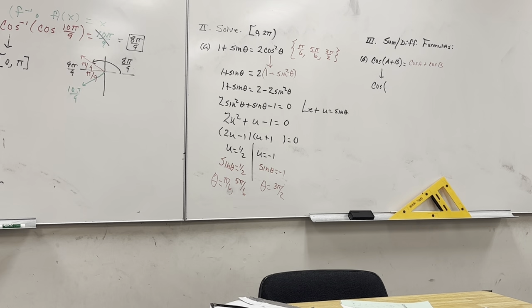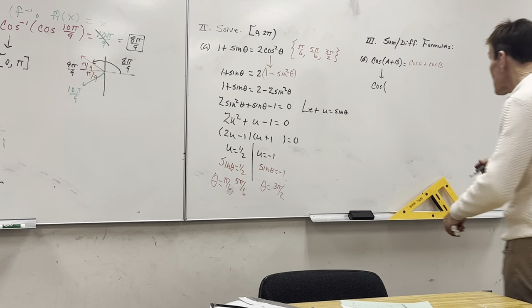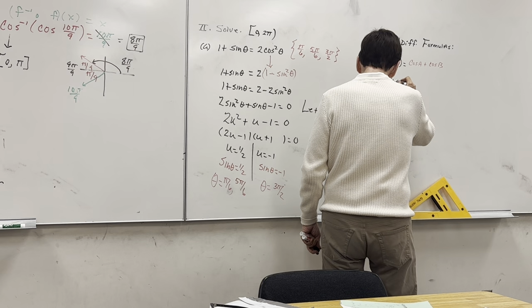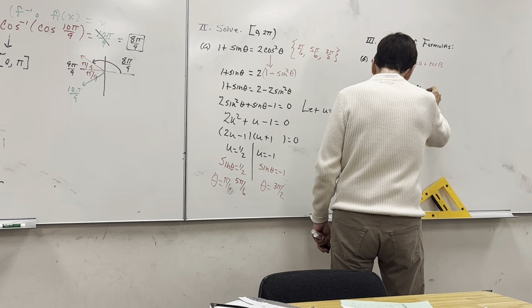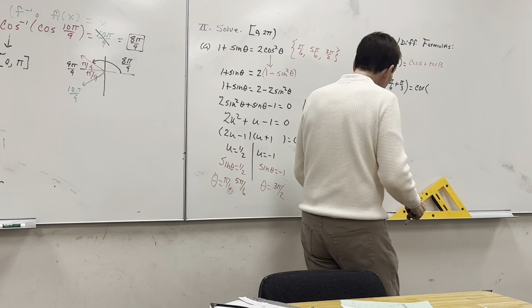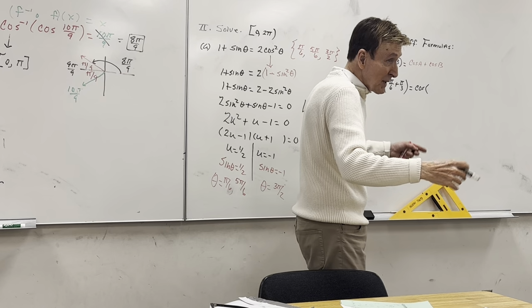Why not? Let's take pi over 6, 30 degrees, and add to it pi over 3, which is 60 degrees. Let's consider those two for A and B. In other words, pi over 6, 30 degrees, plus pi over 3, 60 degrees. And I know, and you know, that's cosine of, put those two together in the common denominator, reduce it down.